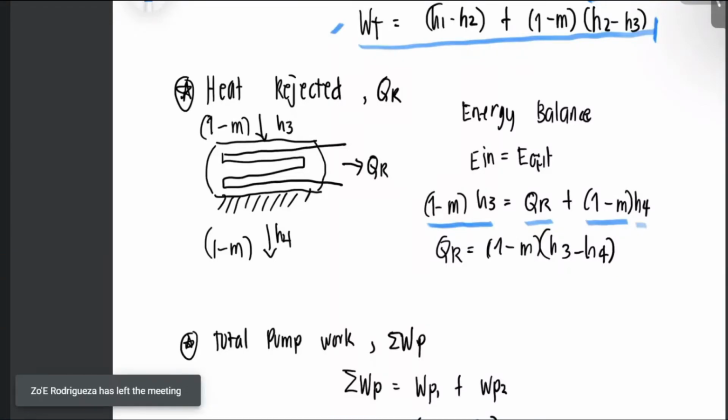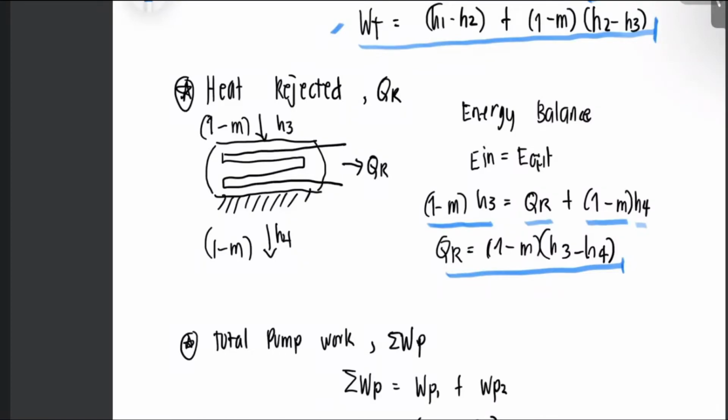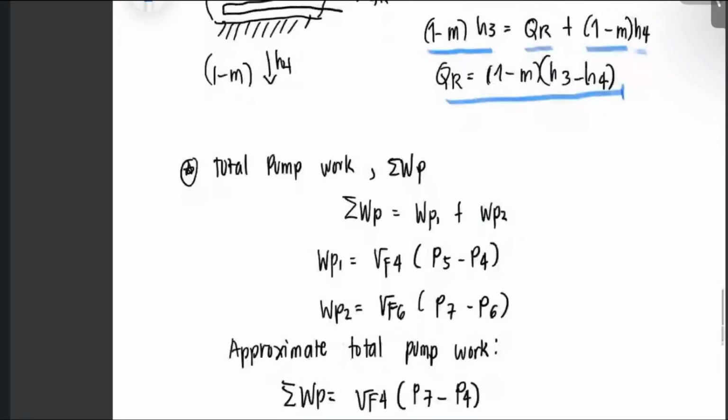So, this is now the heat rejected. We have 1 minus M, H3 minus H4. Okay? Ayan, H3. We move on to the total power pump.